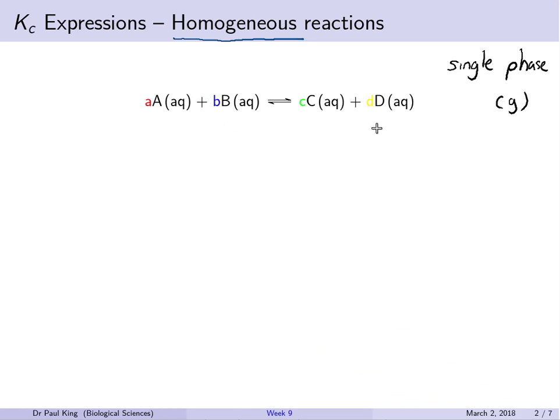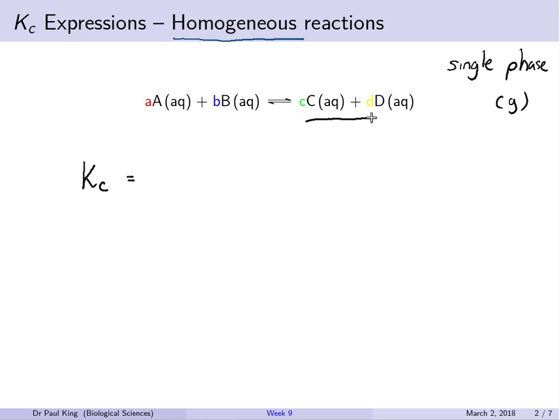And if we have a homogeneous reaction, there's a general way that we go about writing an expression for the equilibrium constant in terms of concentrations for reactions of this sort. So what we're going to do first of all is write down Kc. That's what we're trying to determine here. And the way that we go about writing the equilibrium constant is the following.